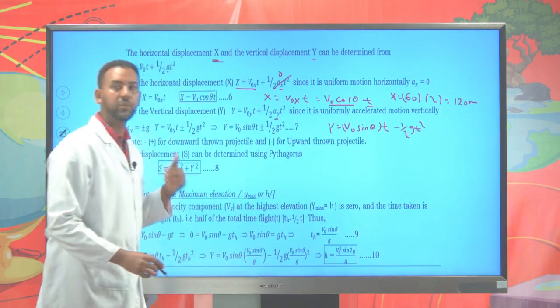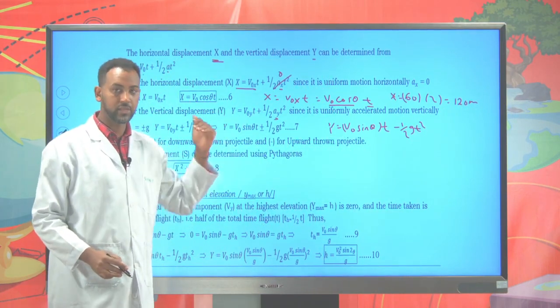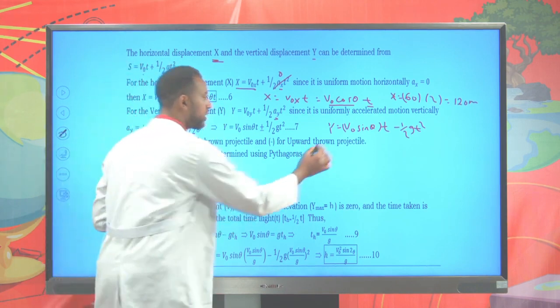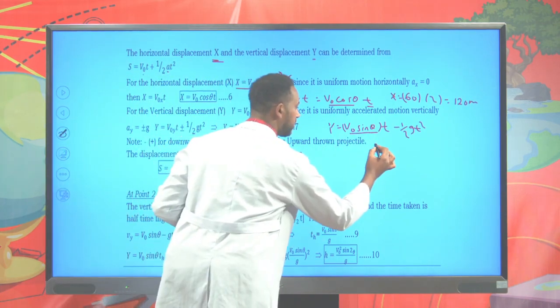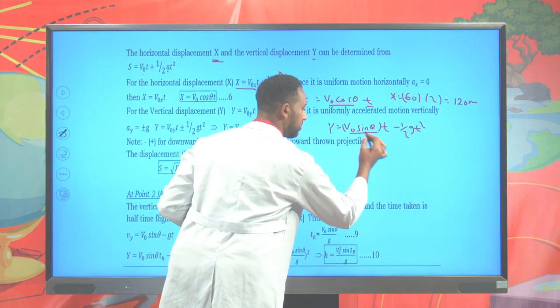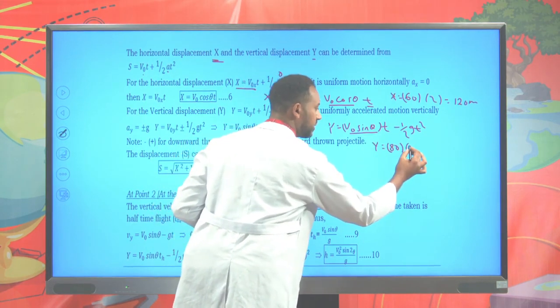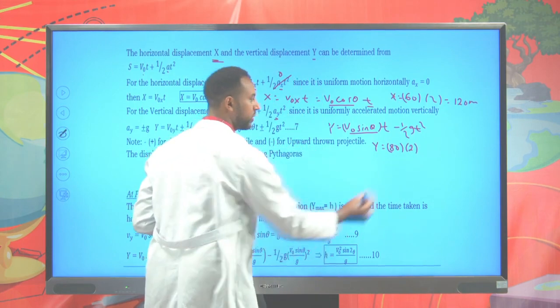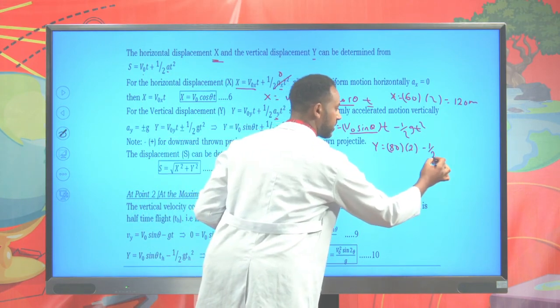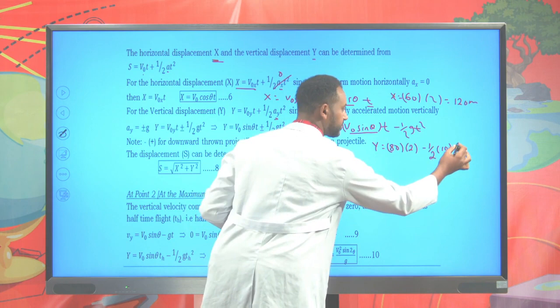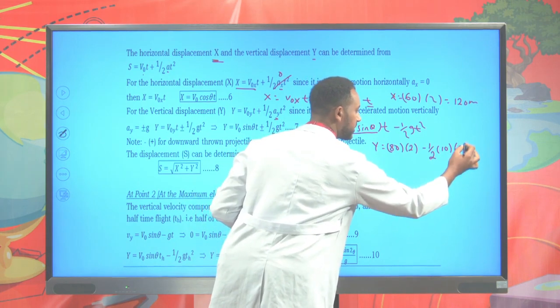How about the vertical elevation of that projectile? Here we have the initial vertical velocity component of 80 meters per second, and you put time t as 2 seconds. We use 2 minus 1 over 2, gravity is 10 for calculation, and the time is 2 seconds squared.